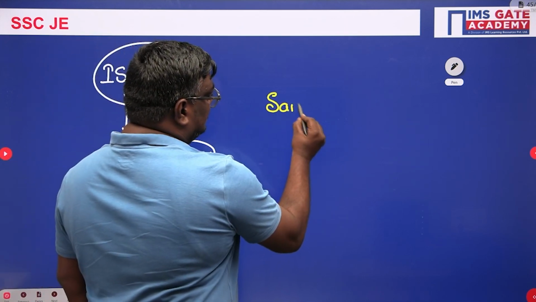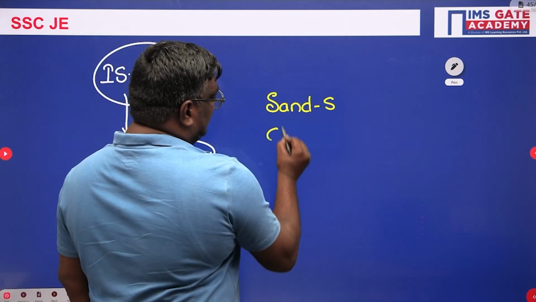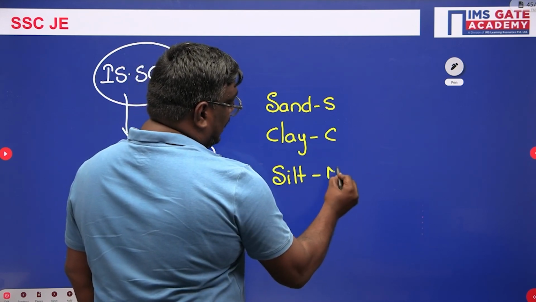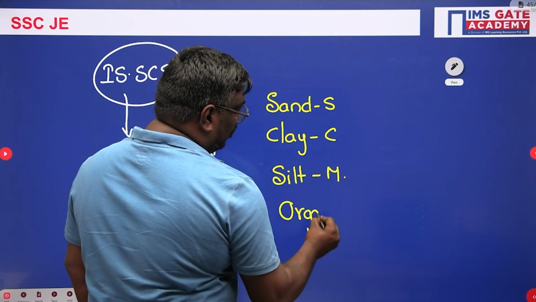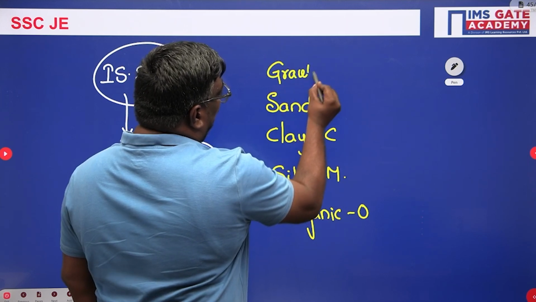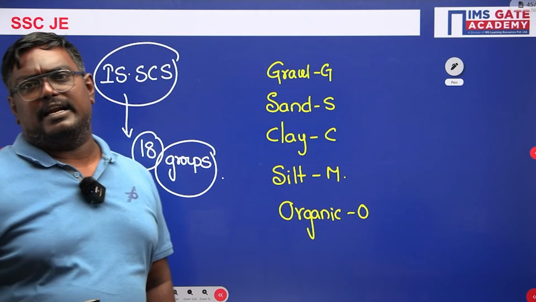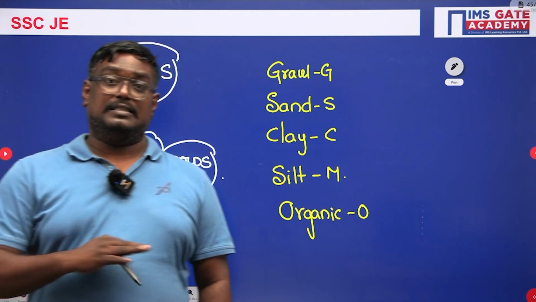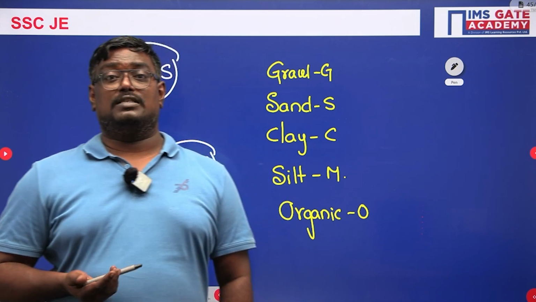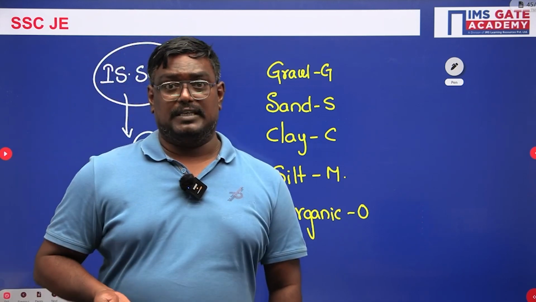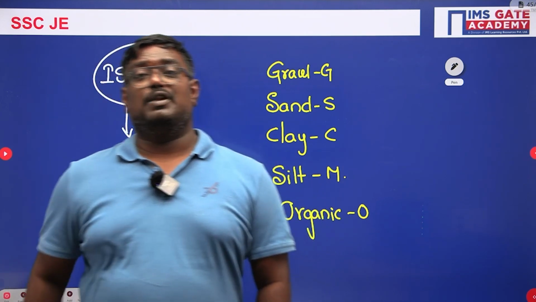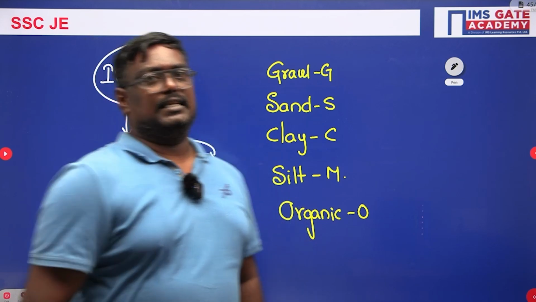Sand is represented by S. Clay is represented by C. Silt is represented by M. And organic soils are represented by O. And gravel is represented by G. And we have well graded meaning W, poorly graded meaning P. They can be well graded soil, silty sand, clayey gravel, silty gravel, or you can talk about soils like low compressible silt, high compressible silt, intermediate compressible silt. Similarly, we can talk about low compressible clay and all. All these things will come under the plasticity chart. Definitely these things also will help you, students.